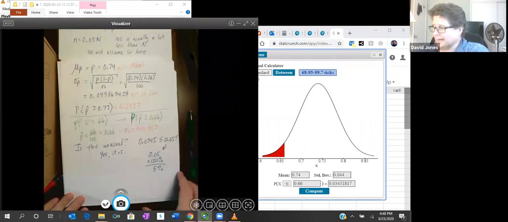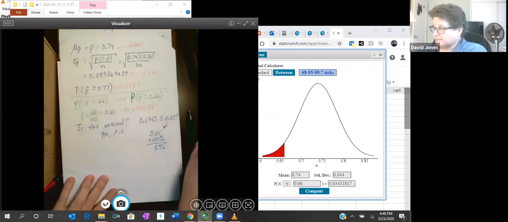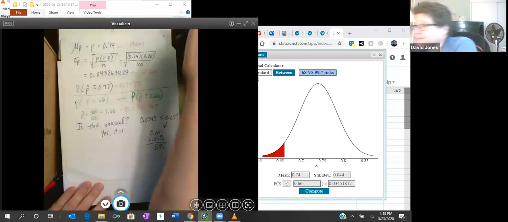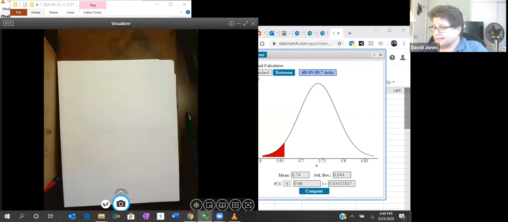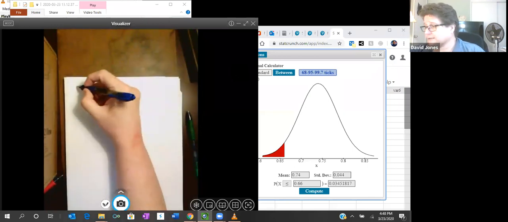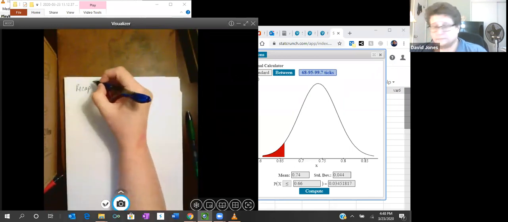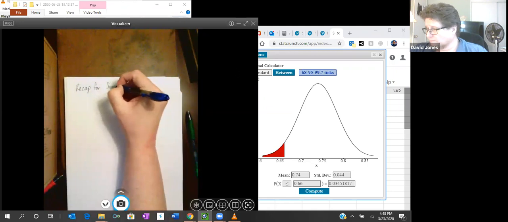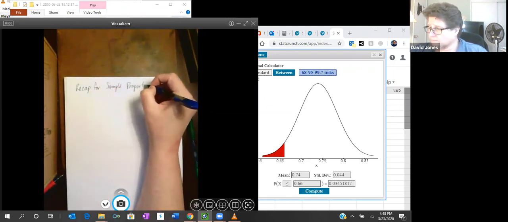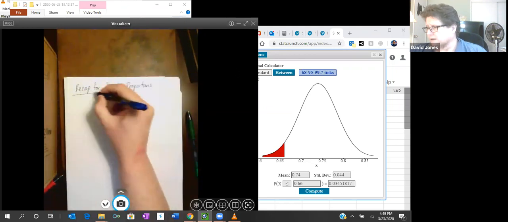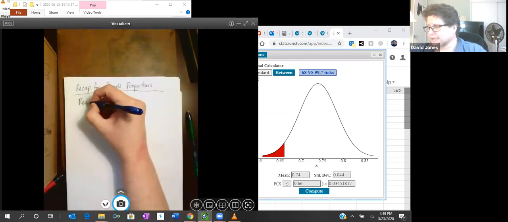As a quick recap, let's do our recap page. A recap for sample proportions. The requirements for approximately normal.